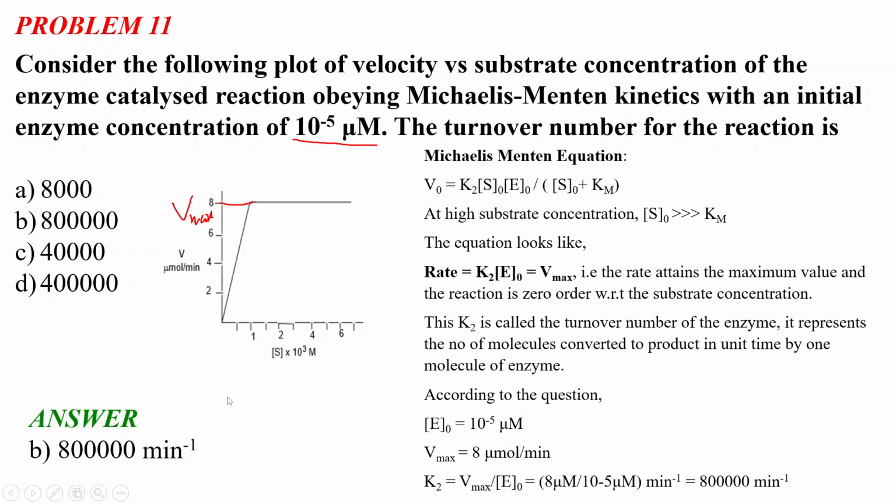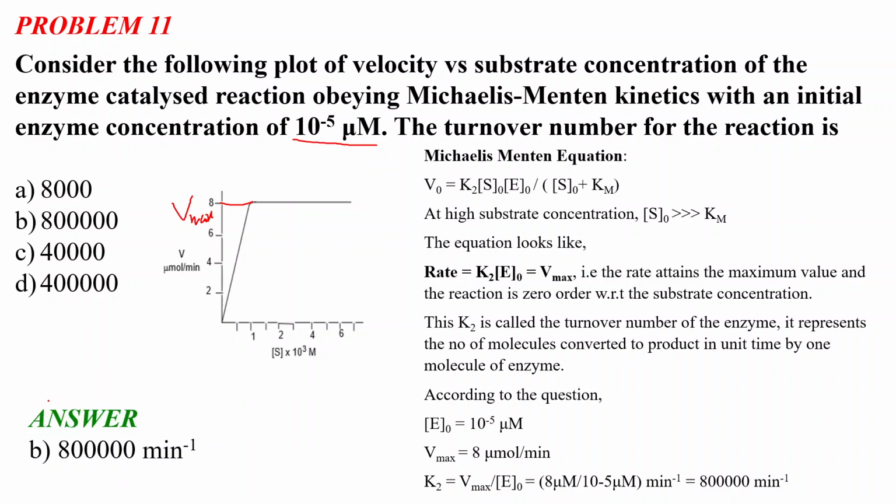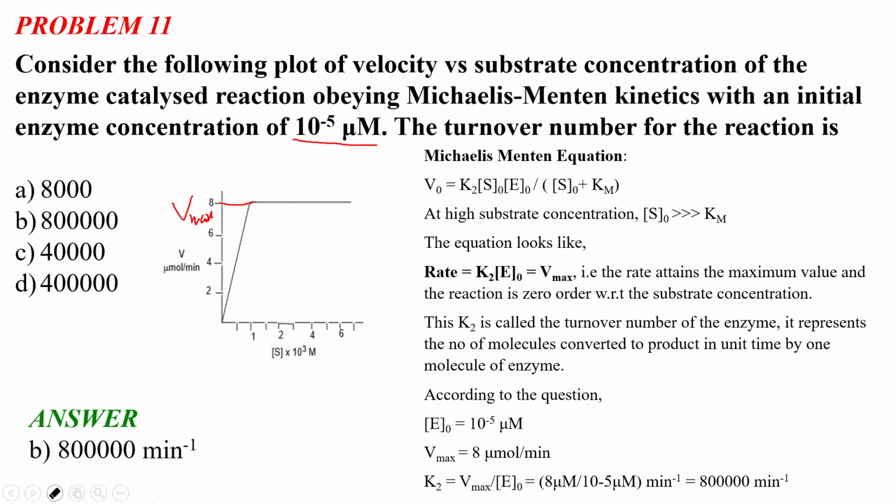Let me first say what the turnover number is. Basically, the turnover number of the enzyme represents the number of molecules converted to products in unit time by one molecule of enzyme. You can see it here, that K2, this turnover number of an enzyme, represents that. Let me use the highlighter instead, if it will be easier for you to see.